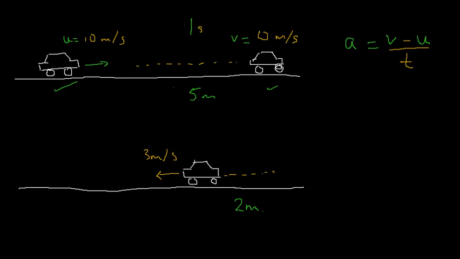And since velocity has direction, I need to choose a direction to be positive. So I'm going to choose the right side to be my positive direction, so the left side would be my negative direction. Then the starting velocity of 10 meters per second would be a positive number because the velocity goes to the right. 0 is neither positive nor negative, so I can just leave that. And the time t is 1 second.